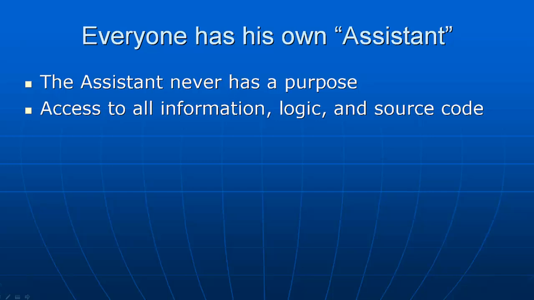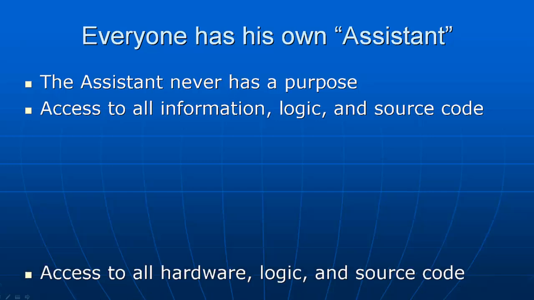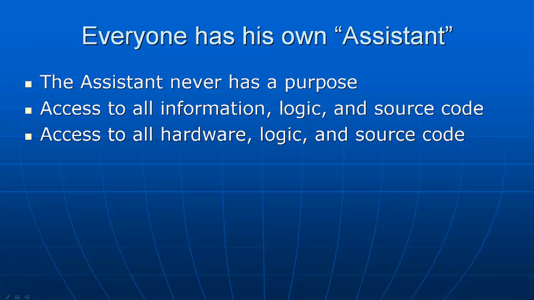And so the assistant has access to all information, logic, and source code. We have to have the source code so that we know exactly what our computer is doing. And the assistant wants access to all the hardware, all the logic, and all the source code of the hardware. So there are no limitations on what we can do with our hardware.